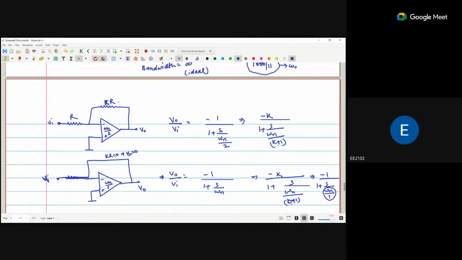So the bandwidth is omega n, and here the bandwidth is omega n divided by K plus 1. If it is R, not K, the bandwidth is omega n divided by 2.